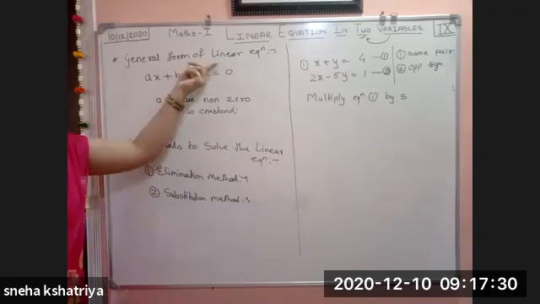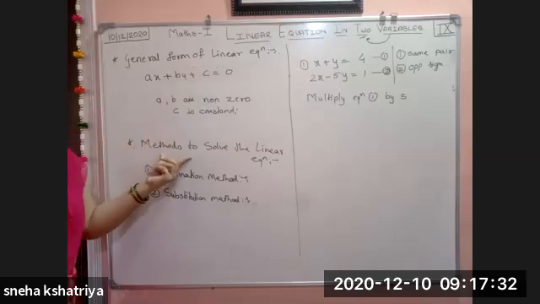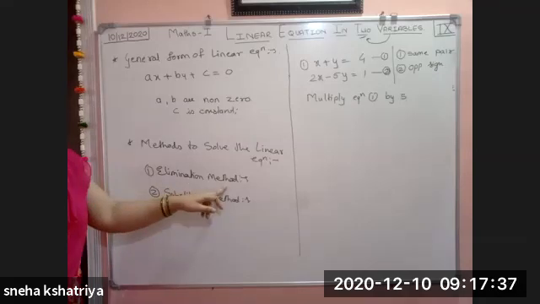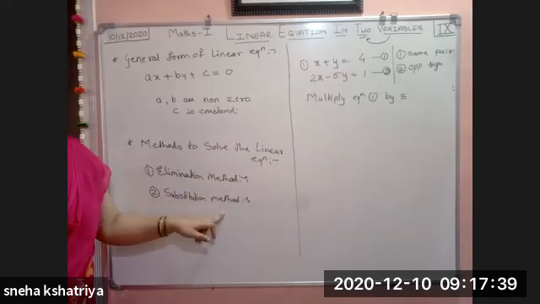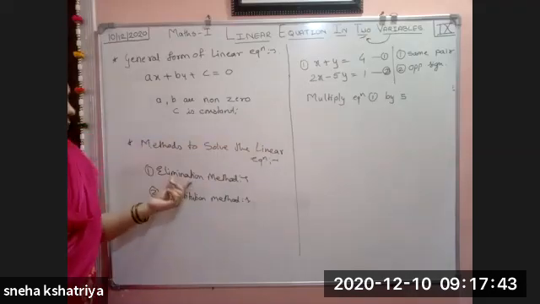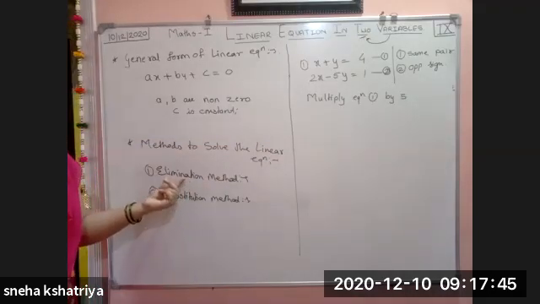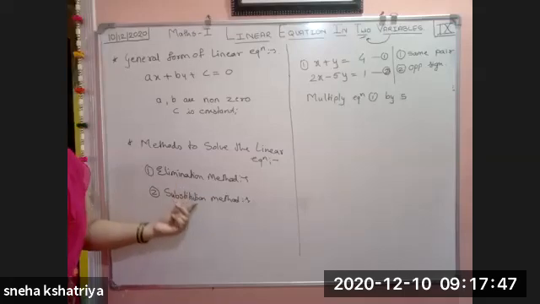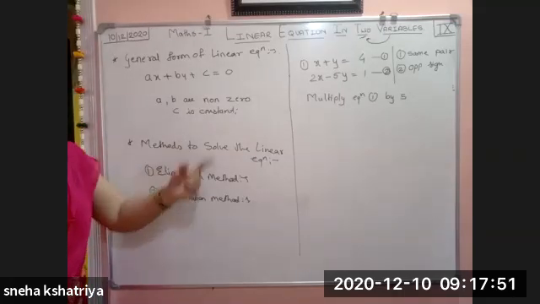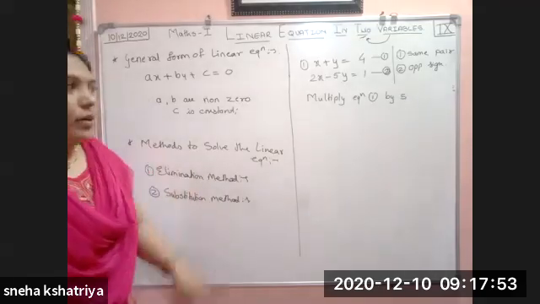When such linear equations come, there are two methods to solve. First is the elimination method and second is the substitution method. This example I am taking with the help of the elimination method first. After completing it, I am going to show you the same example by the substitution method.